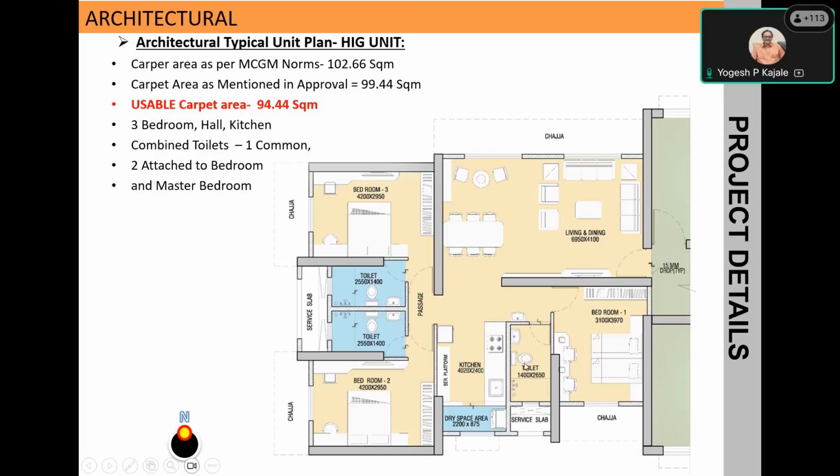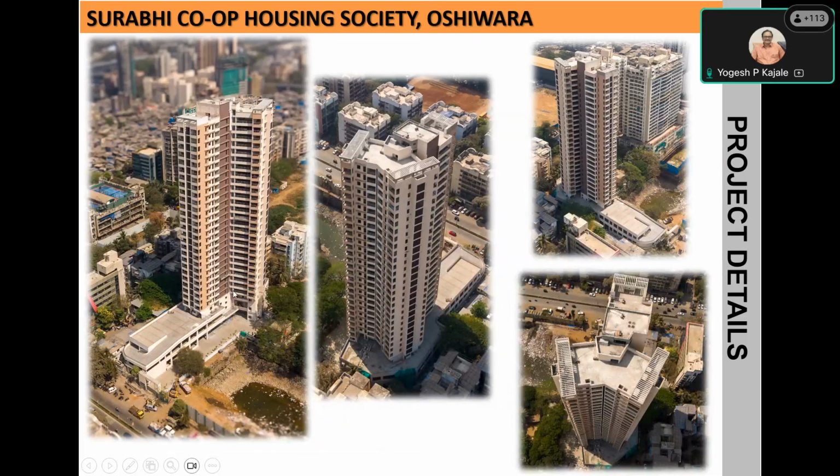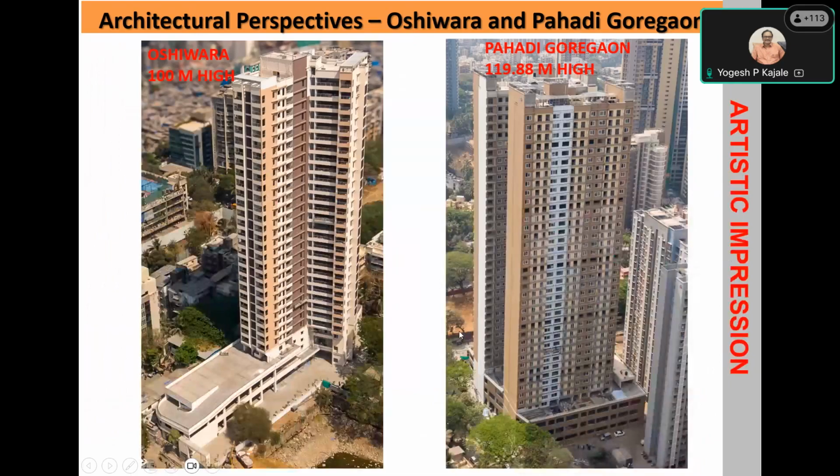Typical unit layout. Then this carpet area was revised to 99.4 square meter usable carpet area. It was increased after the review with High Court judges. This is the building after completion, how it looks.